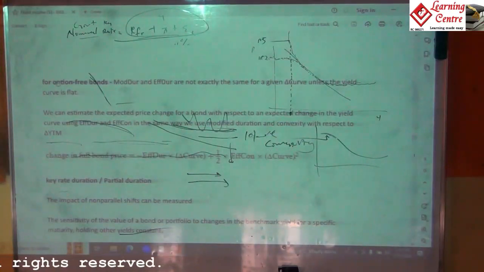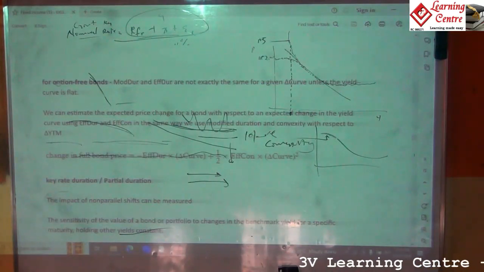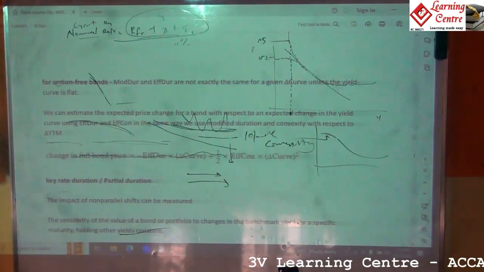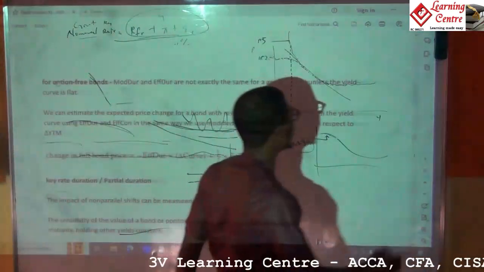So once I want to price the change in the bond price of a bond with an embedded option, I won't be using my own calculation of modified duration and convexity. That's the most important part of all of it.